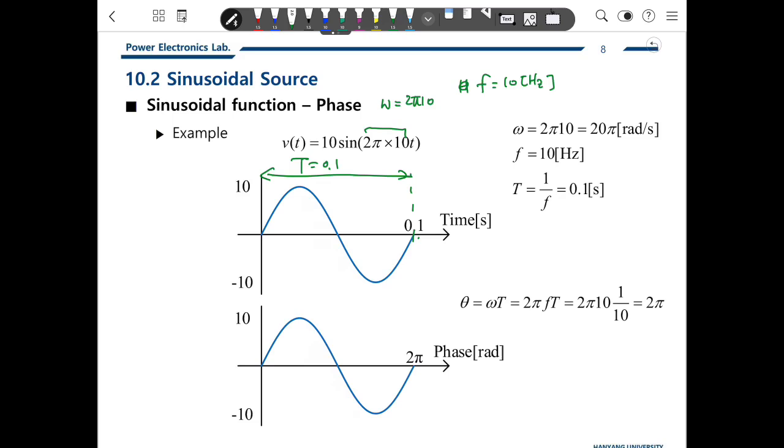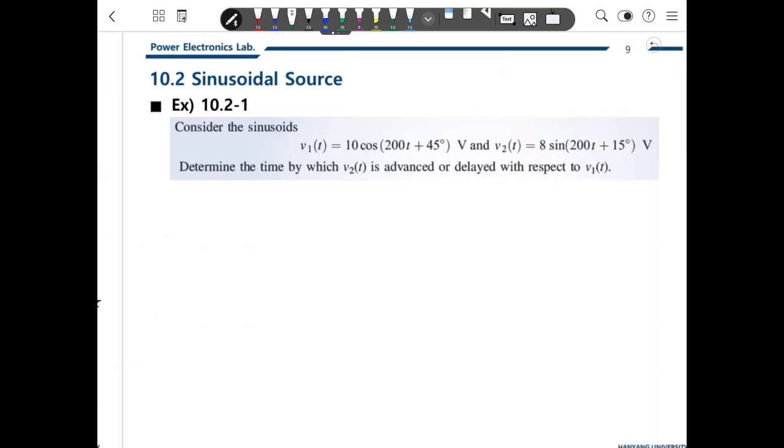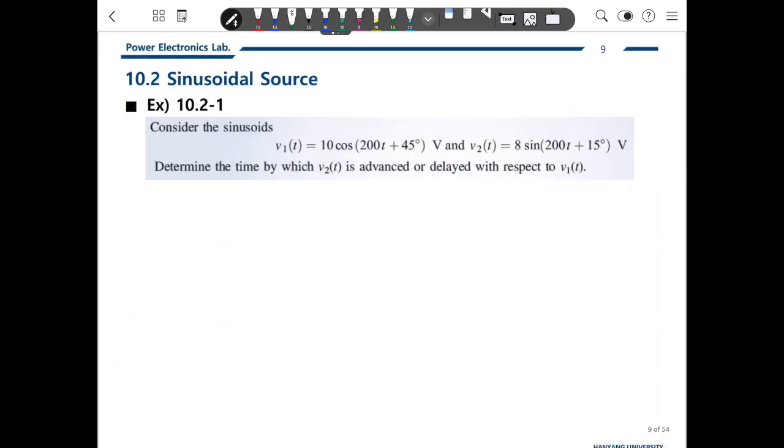If we express this waveform not in the time domain but in the phase domain, it can be written here, and it is 2 pi here. So the angular frequency is 2 pi times 10, which is 20 pi radian per second. The frequency is 10 hertz. Therefore, the period is 0.1 second. Then this is an example.